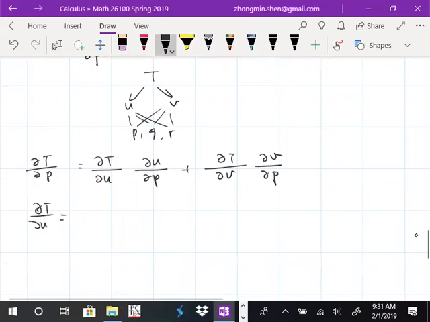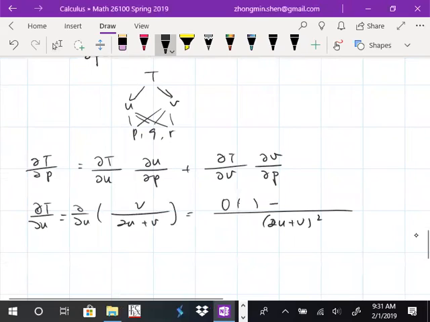According to the quotient rule, this is V over 2U plus V, so it's going to be 2U plus V squared in the denominator. Then the derivative of V with respect to U is going to be 0, so don't worry about that. Minus V times the derivative of 2U plus V, which is just 2. It's not too bad. So it's negative 2V over 2U plus V squared.